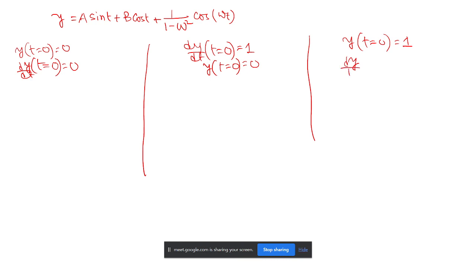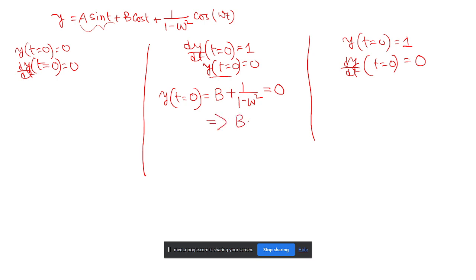So dy dt at t equal to 0 can be 0. So we are evaluating this case. Let us look at this. y at t equal to 0: the first term will be 0, from the second term we will get b, and from the third term we will get 1 by 1 minus omega square. So that should be 0.